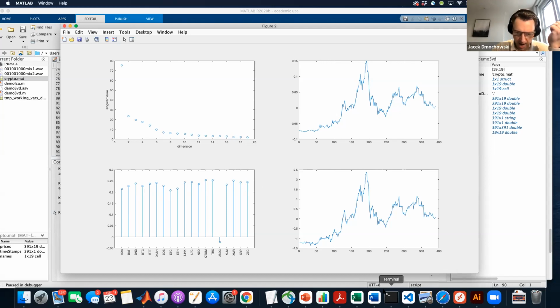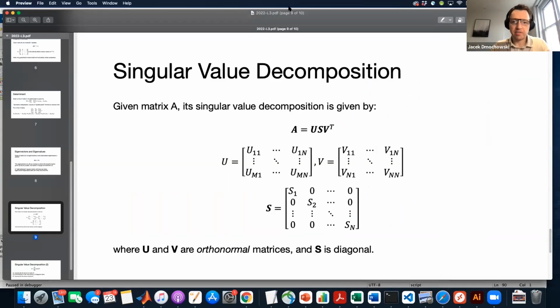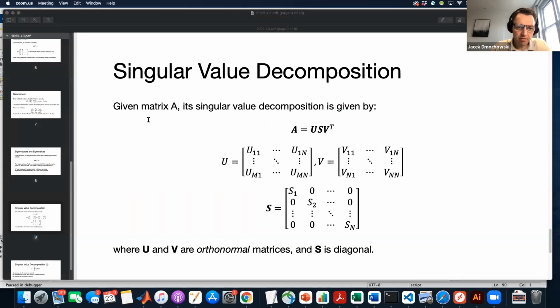So now if I go back to here, I want to see if I can annotate with text. If I were to write A is equal to U, this is just a column vector times, this is MATLAB notation. This is just taking the first dimension of my 19-dimensional data set.